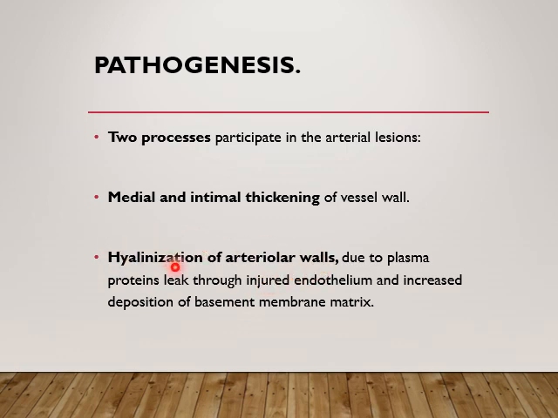What is this hyalinization? Due to the ischemia, there is endothelial damage of the intima, the lining of the blood vessels, which causes the release of plasma proteins, and there is increased deposition of basement membrane matrix due to the persistent ischemia, which is deposited in the vessel wall in the form of hyalinization, that is eosinophilic material, as depicted in the picture in the next slides.